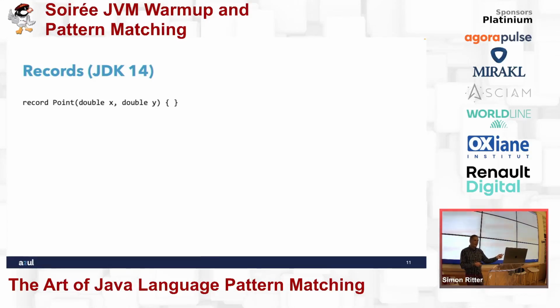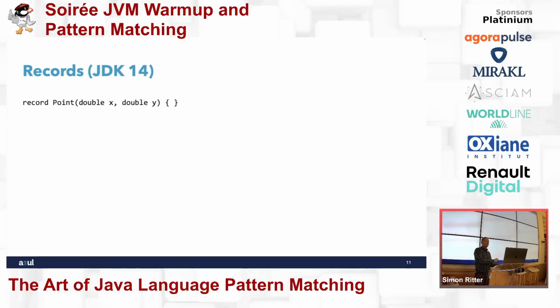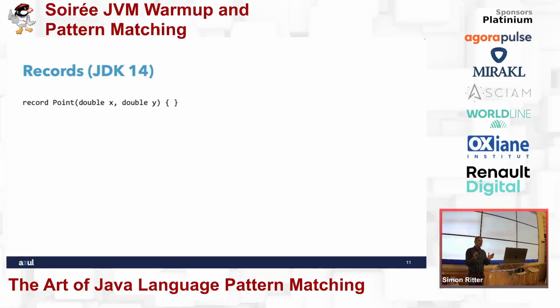And we'll say the name of the record is point, and it has two values, double x and double y. All of the rest of the code that we saw on the previous slide, those 14 lines of code, is generated automatically by the compiler. We still have the empty braces because it is a class, but we don't have to define the instance fields, the constructor, or the accessor methods. All of that's handled for us. So we go from 14 lines to 1 line. Very good.